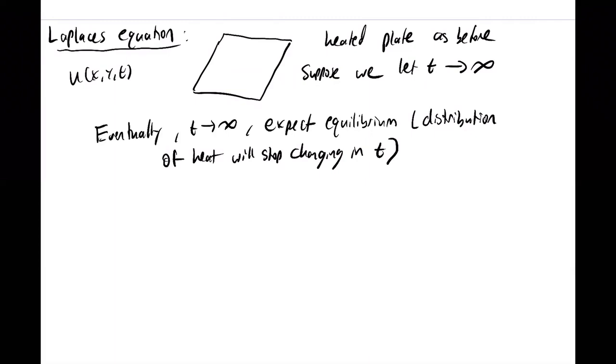If you're in this equilibrium state, what does that mean mathematically? It means that there's no more change with respect to t. So if I take the time derivative, it should be equal to 0, right? But if this function describes the heat flow, remember we have the heat equation, where the time derivative u_t is some constant times the Laplacian.